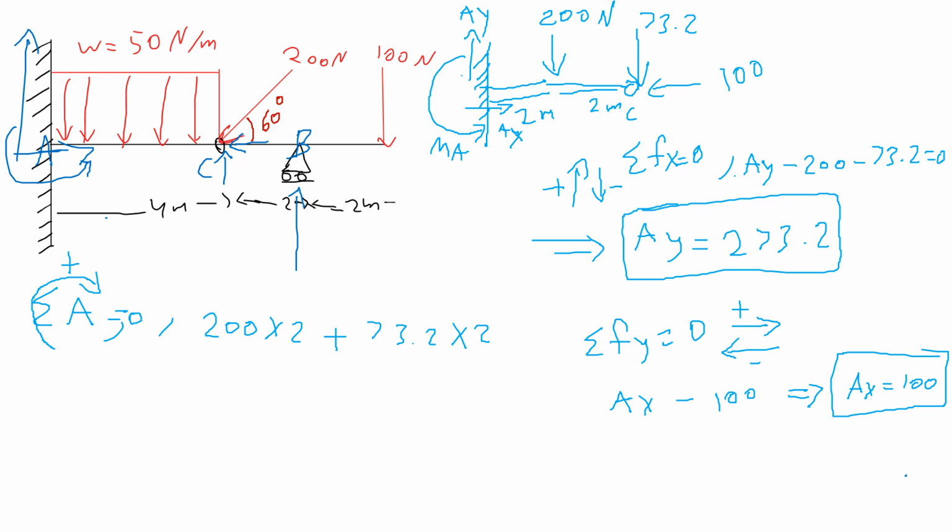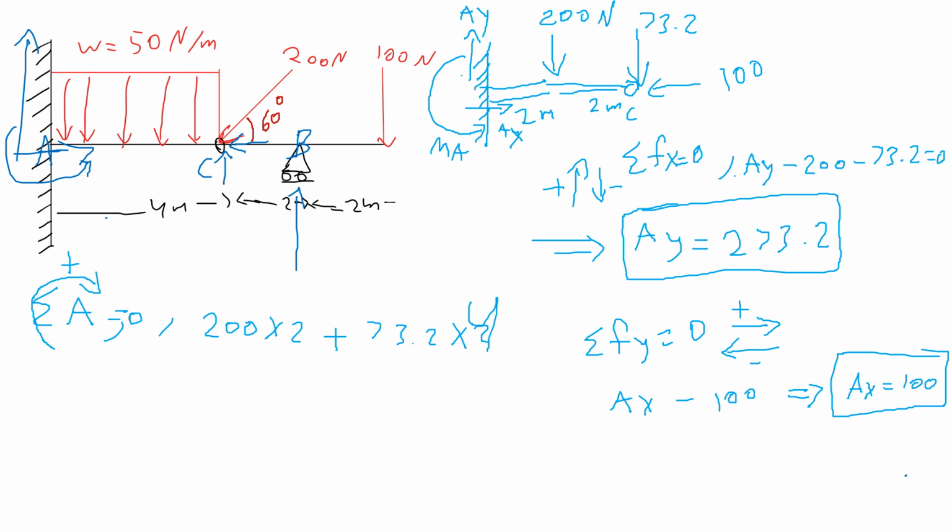So 200 is going to be 400. Okay, so this needs a calculator. It's going to be 200 by 2 plus 73.2 multiplied by 4, not 2. Yeah, this is going to be 4.